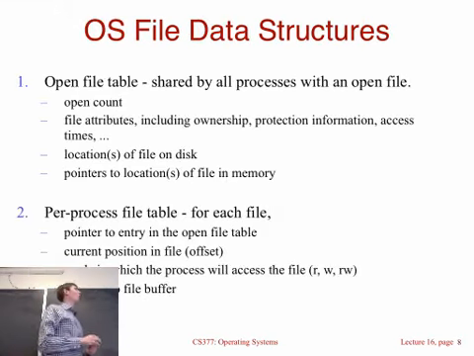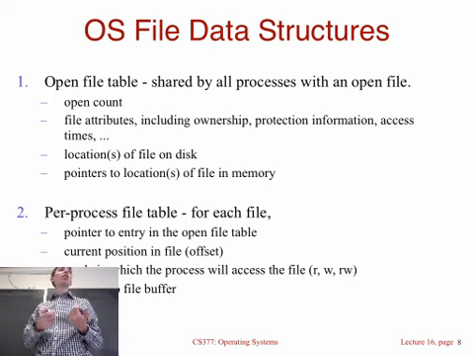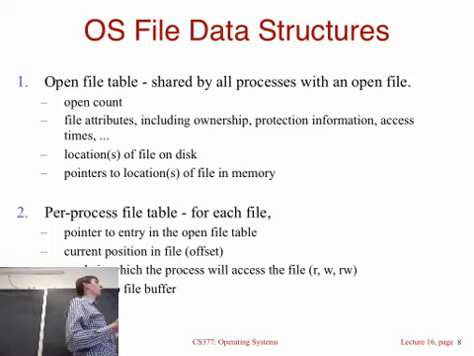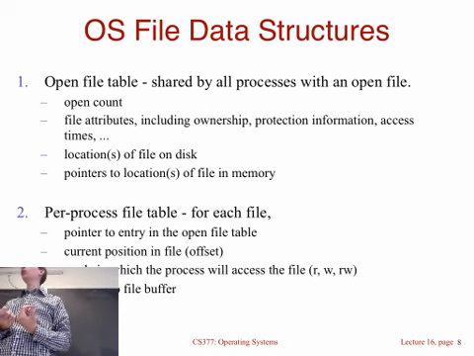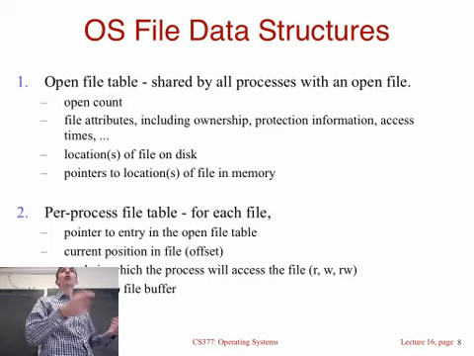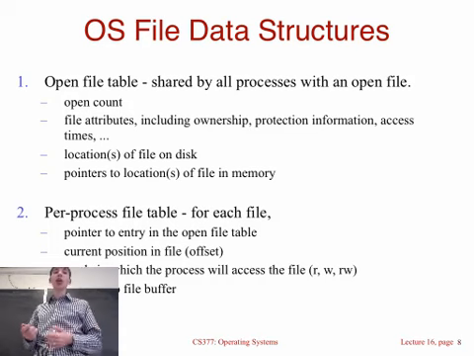So let's talk about what the data structures are that the OS is providing. There are two main data structures to keep in mind. First, there's a global table of open files, meaning files that a process is currently working with. When a process wants to work with a file, the first thing it generally has to do is open the file, and then it can do things like read and write to the file.